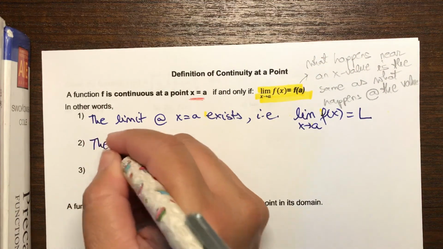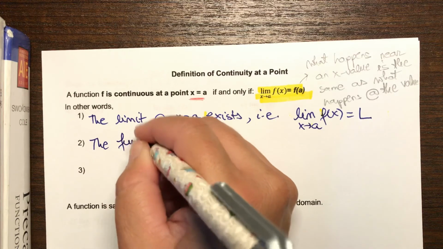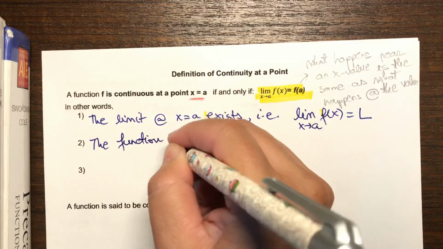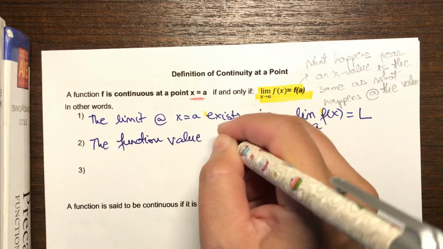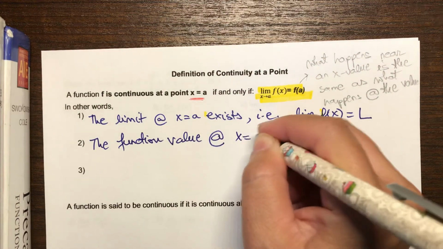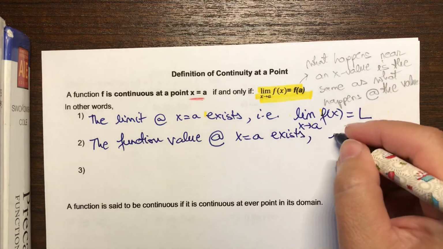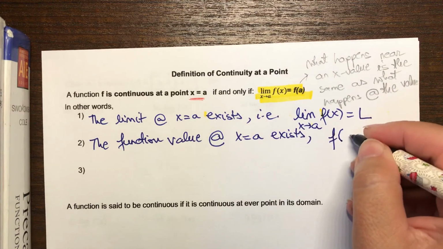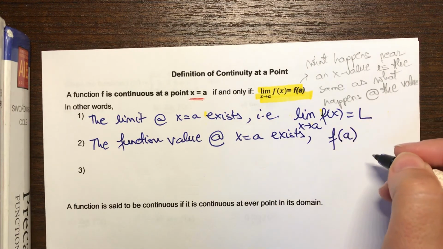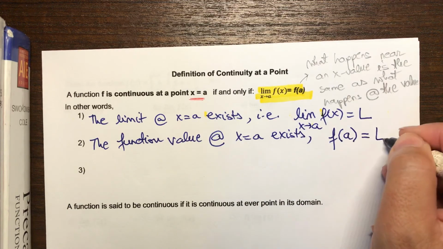The function value at x equals a exists. So in other words, the function is defined at a. You can plug a into the function, right?